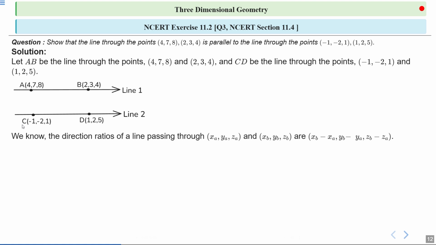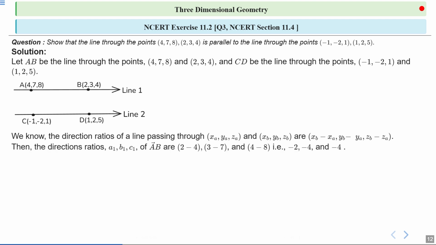Now let's recall how to find the direction ratios of a line. If a line passes through 2 points, say (XA, YA, ZA) and (XB, YB, ZB), then the direction ratios of that line are XB minus XA, YB minus YA, ZB minus ZA.